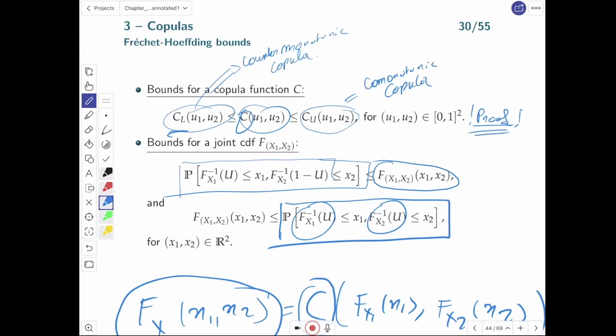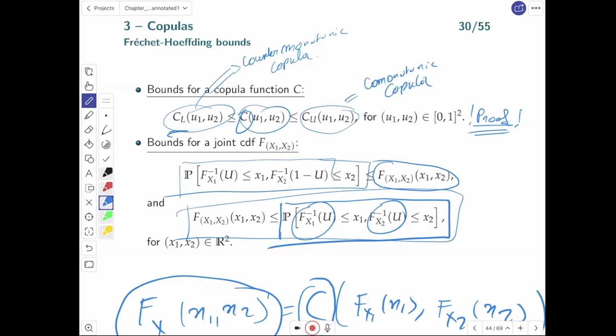I can apply first the comonotonic copula, because that extreme probability will take its maximal value under the comonotonic assumption. If I make Apple and Tesla comonotonic and do the calculations, I know that whatever you are calculating gets a probability that is at most that probability.